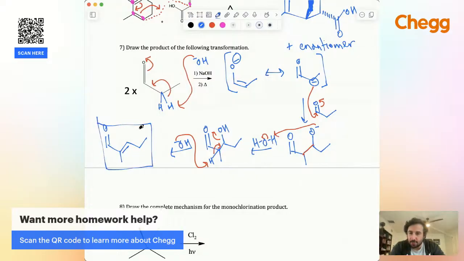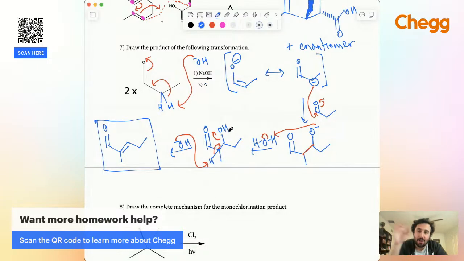So a lot of students will ask, wait a minute, I thought that hydroxyl is a terrible leaving group. And that's absolutely true, but we are in very strongly basic conditions. So we have a lot of hydroxide ions floating around in solution. So one more is not going to hurt. In strongly basic conditions, hydroxide is a perfectly reasonable leaving group.